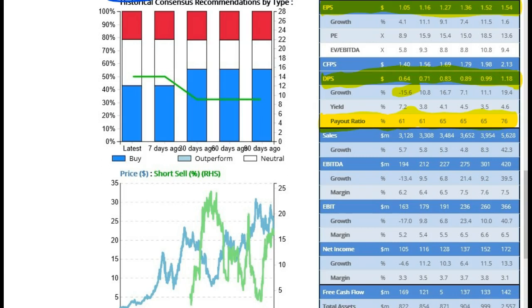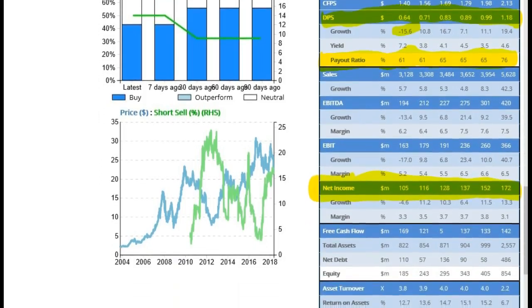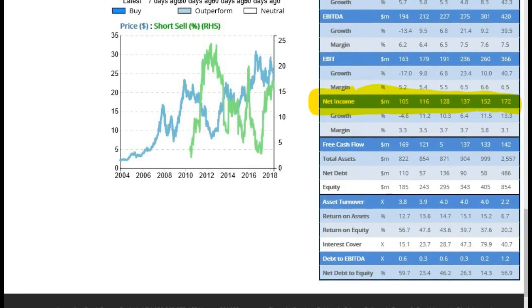Net income, how much money is flowing into and through the company, is something that is applicable to one or more of the Buffett rules. And the free cash flow is very important to the Buffett rules, as it looks at net debt and equity.